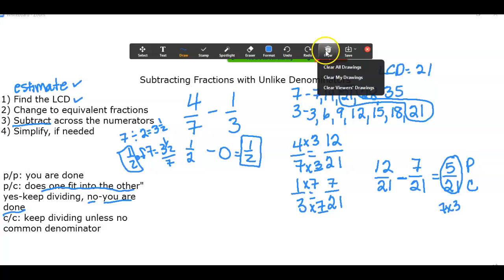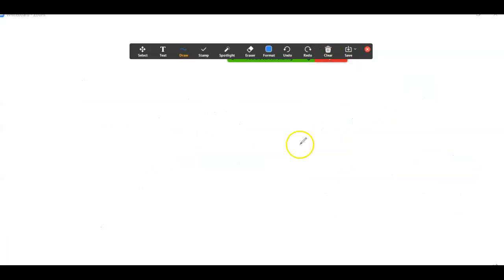All right, so I'm going to clear, and we're going to do one more problem together. Okay, this time I'm going to do 5/8 minus 1/4. Okay, actually we're going to do 2 problems because I want you to see it 3 times. Okay, so this is the second one. So I'm going to estimate 5/8.